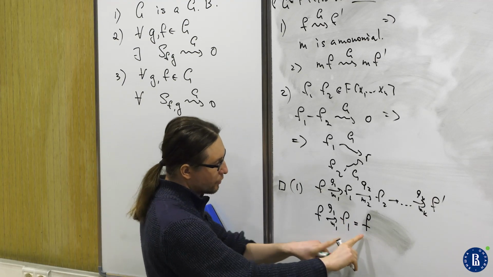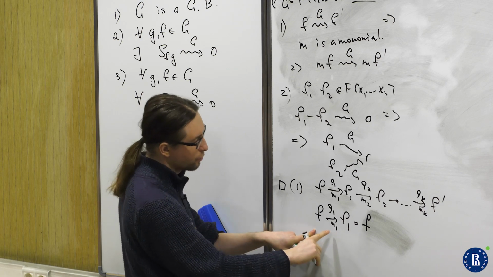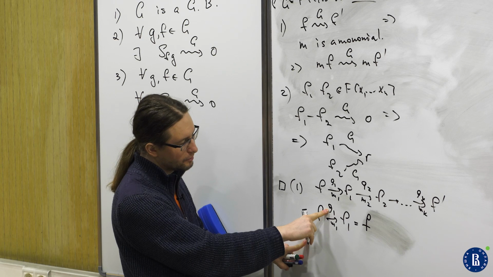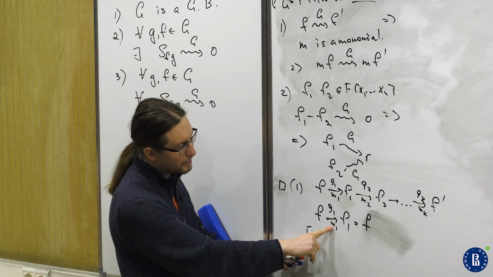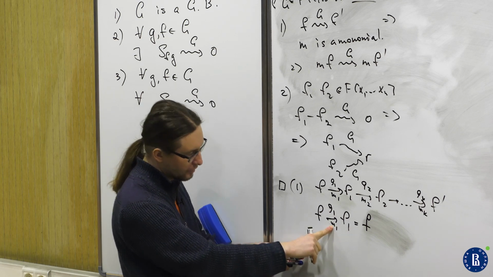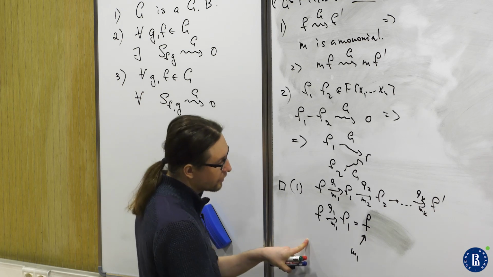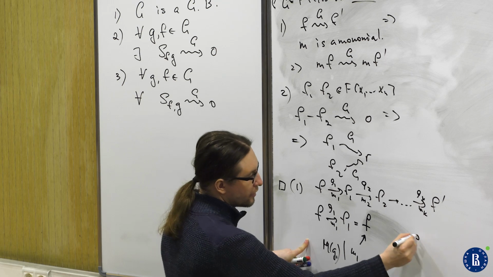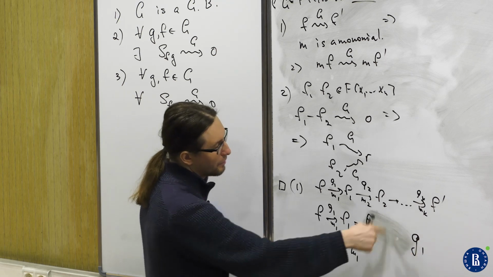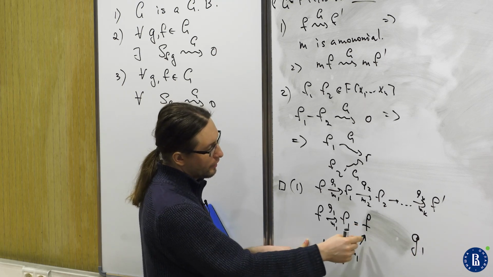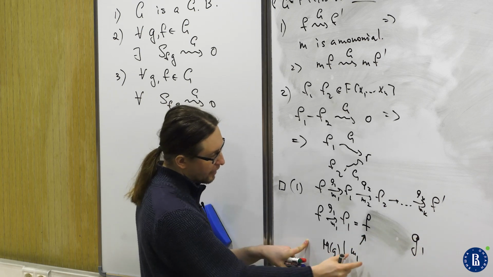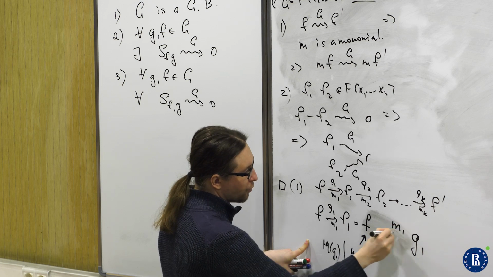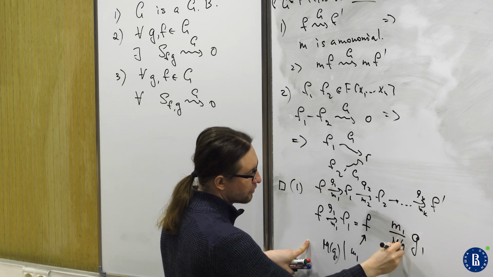Okay. So by the definition, how does reduction work? We take a monomial from F, which is divisible by the leading monomial of G1. This notation means that this monomial is M1. So we took here M1, and it's divisible by the leading monomial of G1. Now we take G1 and we multiply it by a monomial in such a way that the leading monomial of G1 becomes M1. So we take M1 over the leading monomial of G1.